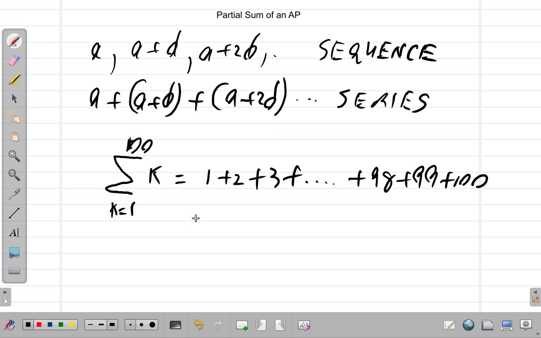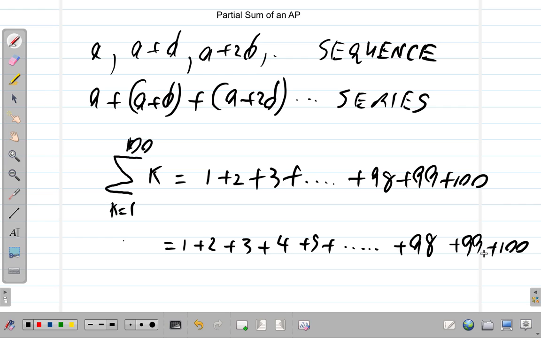The technique here is this. If you have the sum, in the first place it is 1 plus 2 plus 3 plus 4 plus 5 plus, and you go on and on to plus 98 plus 99 plus 100.